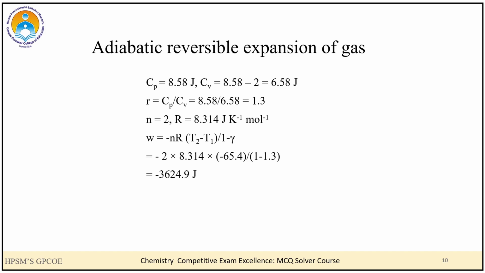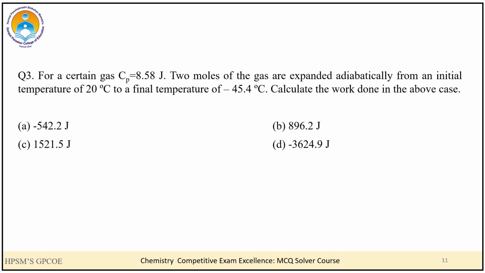Other values given are n equals 2 and the gas constant R, which is 8.314 joules per Kelvin per mole. If we substitute this in the expression for work, which is W equals minus nR into T2 minus T1 divided by 1 minus gamma, we get a final answer of negative 3624.9 joules. Thus, option D is the correct answer.